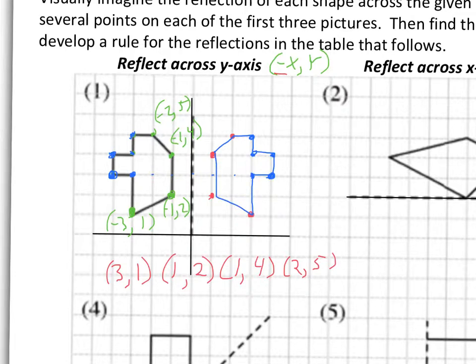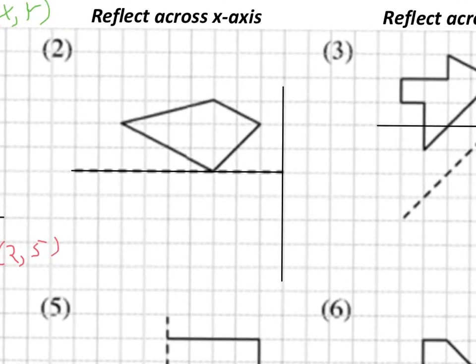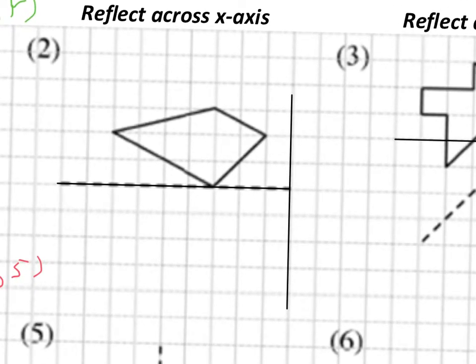So we did that both using our rules for reflections, but at the same time we can make it a little easier just by counting. For instance, number 2. My rule says in that chart below that if I reflect across the x-axis, my x-coordinate stays the same, and I change the sign of my y-coordinate.